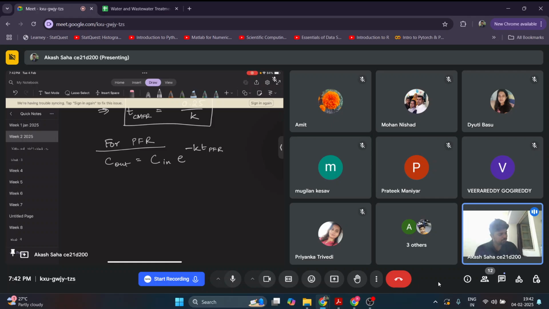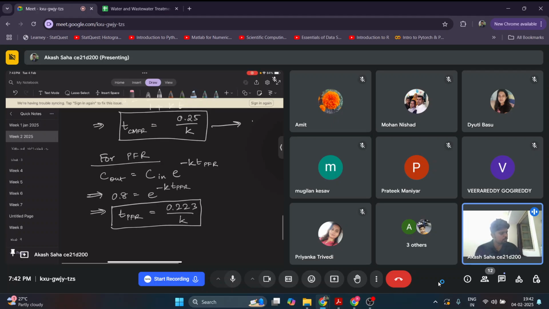If we substitute the values, 0.8 will be equal to e to the power minus K T PFR. So my T PFR will turn out to be 0.223 by K. This was my first equation, and this is my second equation.